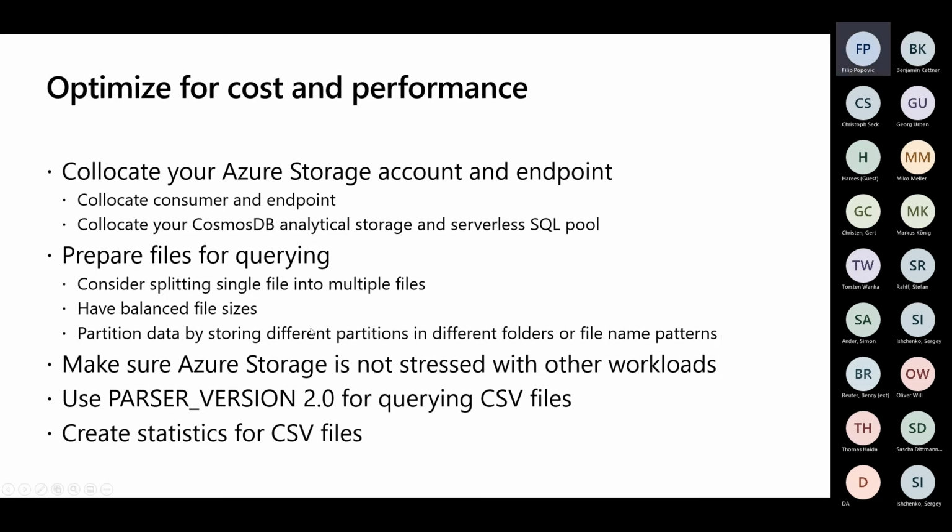Partition data by storing different partitions in different folders. Well, we mentioned that. You can use the filepath function not only to filter by folders, but also by path names, because from the serverless engine perspective, a path with a wildcard is just an array of strings.